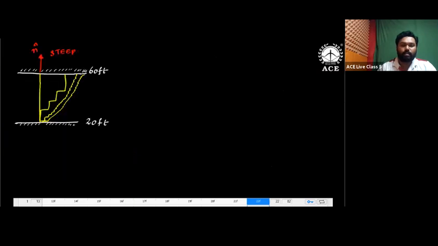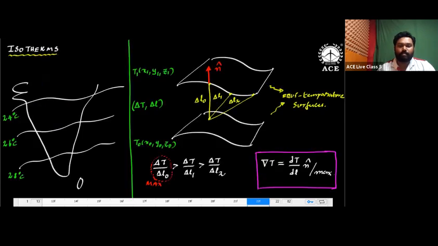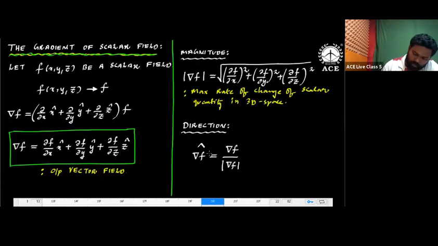Yes. Someone is saying by lift here. Isn't it? If you go by the lift, you'll find sudden change in height. So what is it? Here, gradient is equal to normal. Normal to what?